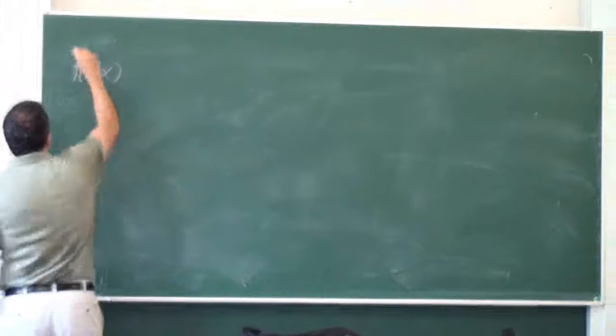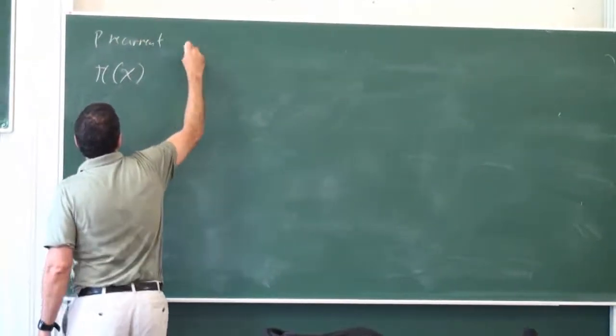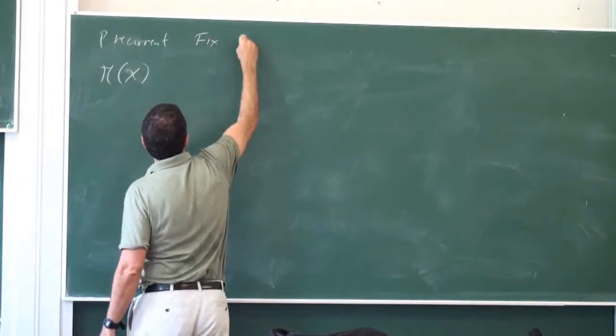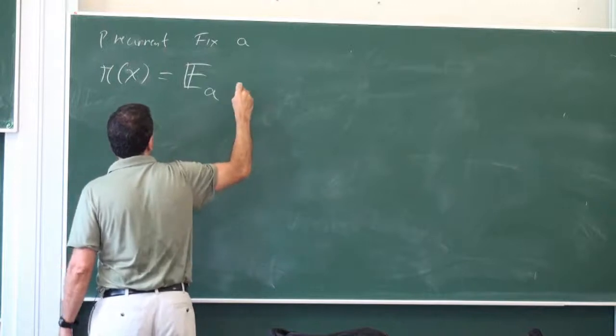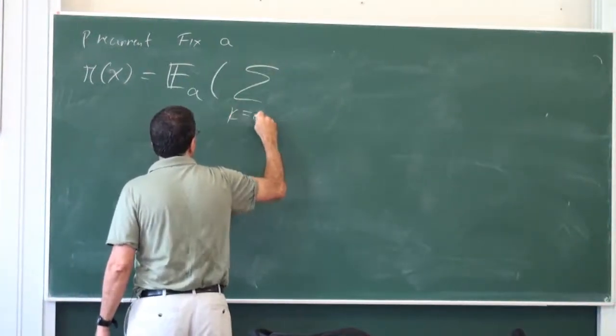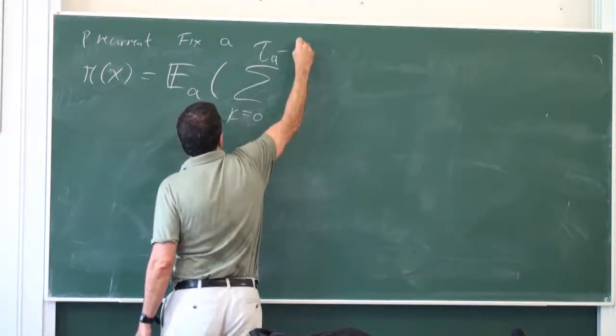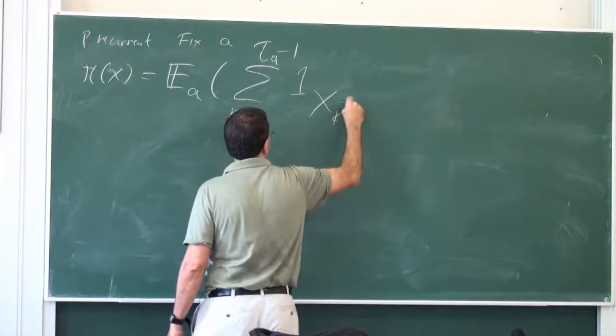So for p which is recurrent, you fix some starting node A, and you define pi of x as the expected number of visits to x starting from A until the first return to A.